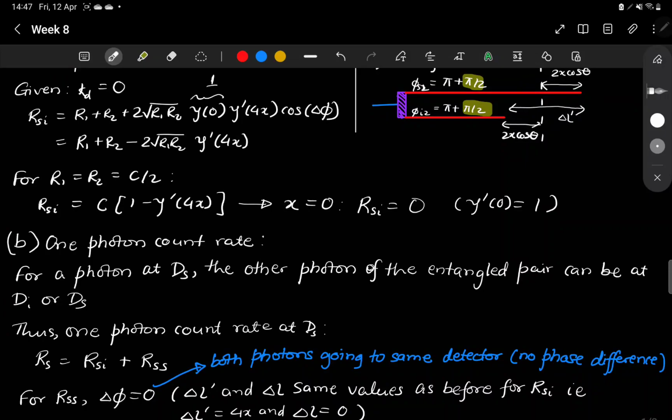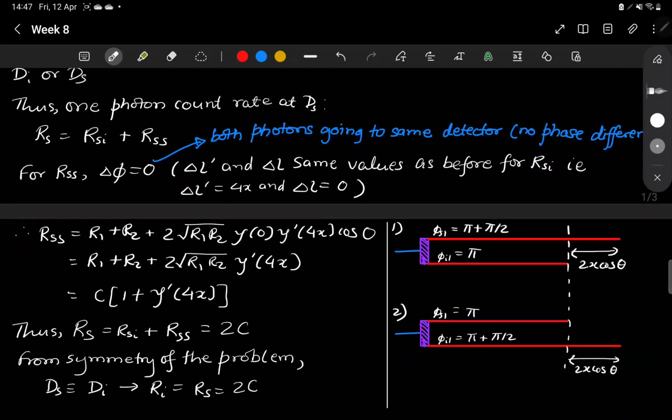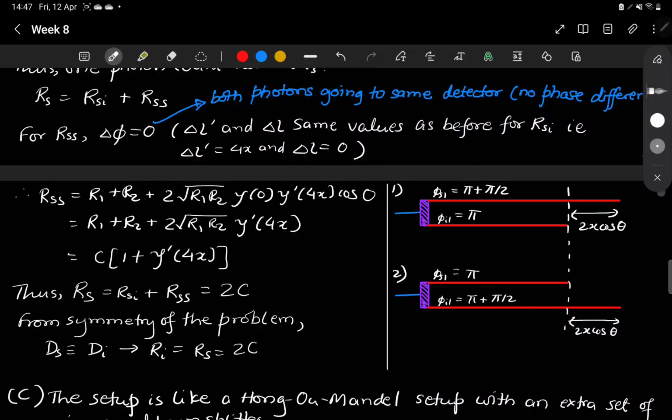That means both the photons are going to the same detector, and that can be seen because for x equal to 0, RSS, that means the one photon count rate, is 2c. Sorry, not RS.